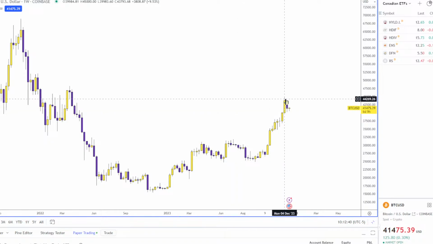It filled the fair value gap, came back down. Now we're trading below it. So if we trade below it and come back into it, which is the midpoint of that candle I mentioned, we'll start getting back into here. So I see Bitcoin coming back down into here.